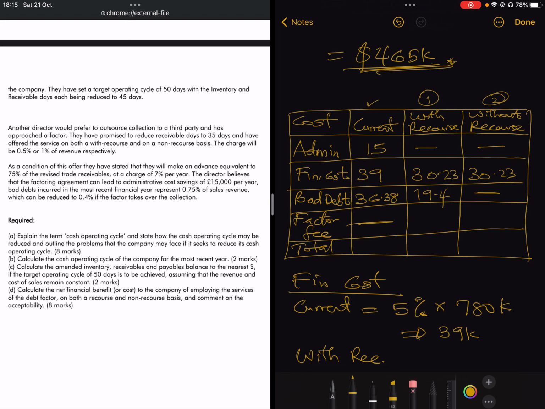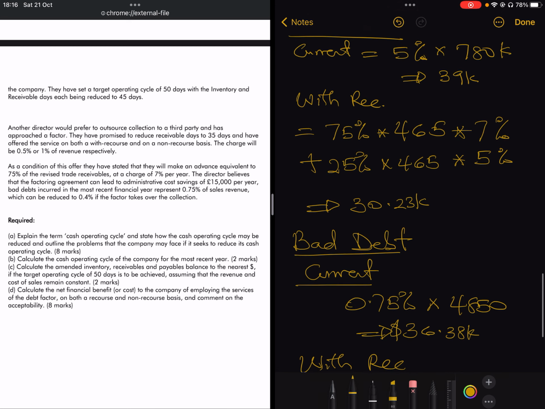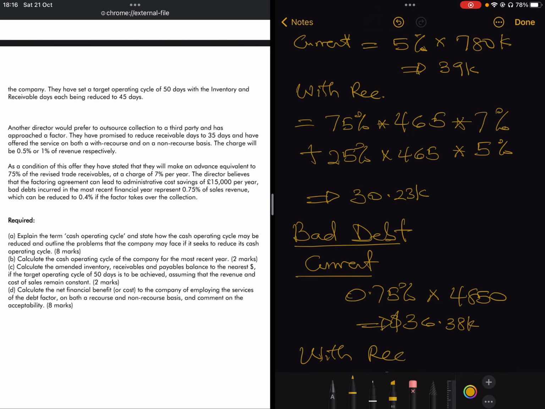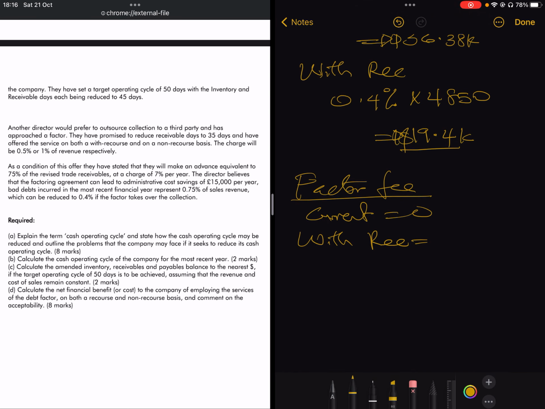And with recourse, it said it's going to charge us 0.5% of our revenue.